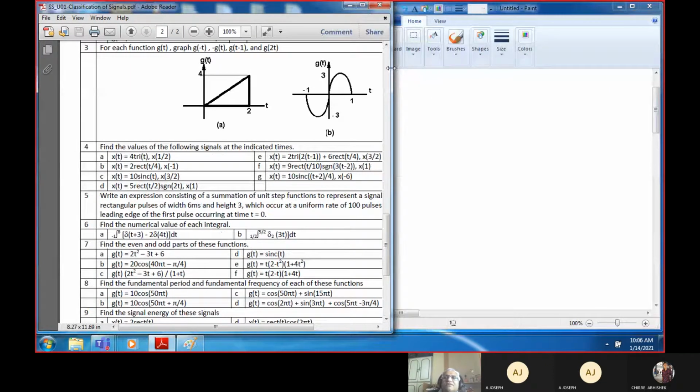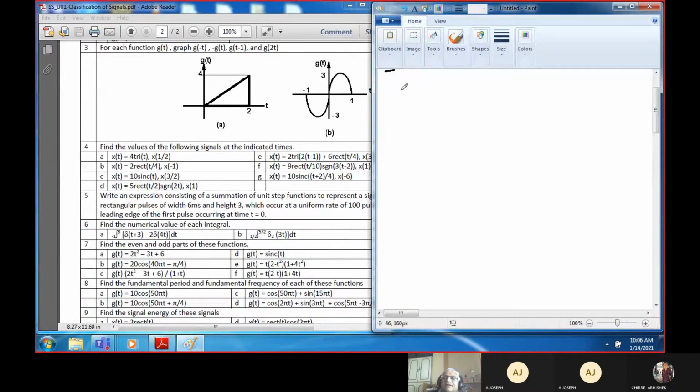So what the problem is asking us to do is, there is an indicated time in the question. At the indicated time, we have to find the value of the signal. Now, before we go into this particular problem, let me give you a simple example.